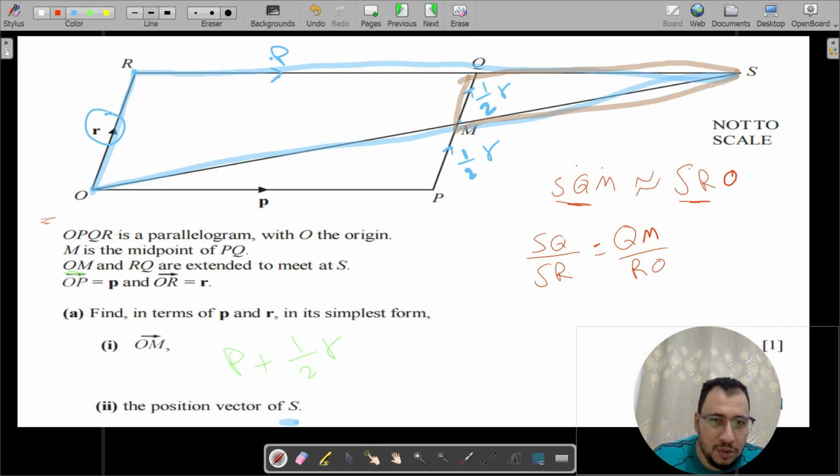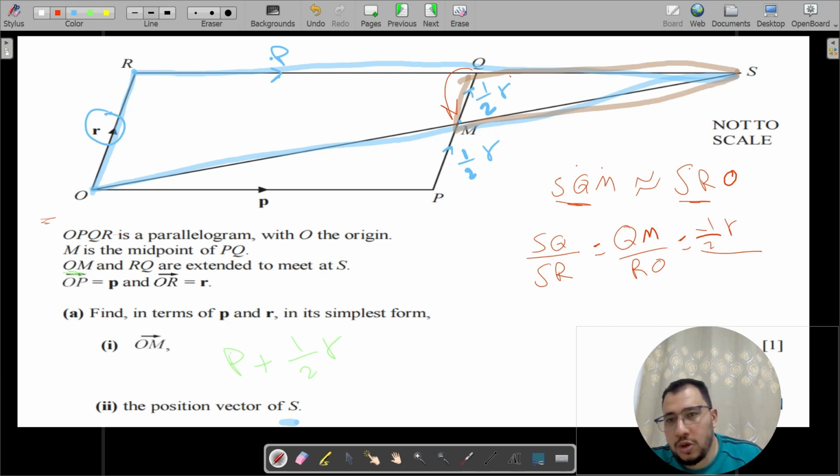We don't need the third one because we don't have enough data. Here SQ over SR is the same as QM over RO. What is QM here on the diagram? QM is in this direction, so this is actually negative half R. Why negative half R? Because we are going in the opposite direction. So I'm going to write here negative half over.